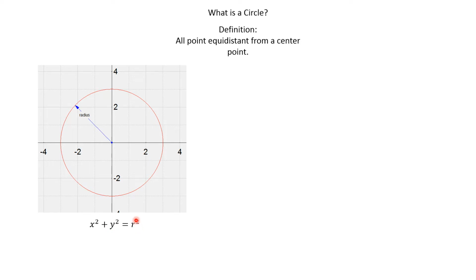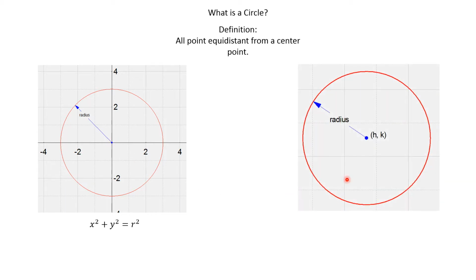Well, what if we took the center and we moved it to another point? Let's say to the point h comma k. Oh, the h comma k is back. What does h comma k remind you of? If you're thinking transformations, you would be correct. We just shifted the center to h comma k. So if we started out with x squared plus y squared, well, x, we moved it over h, that just becomes x minus h squared.